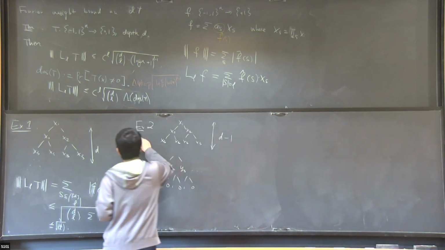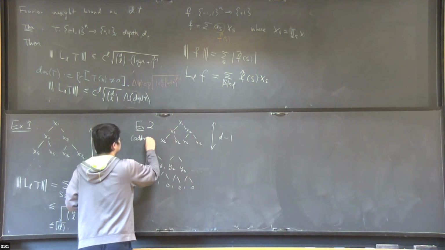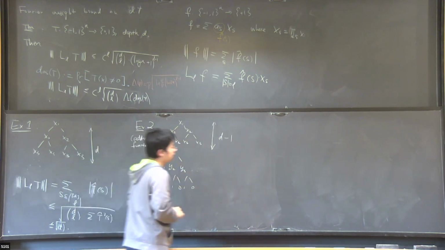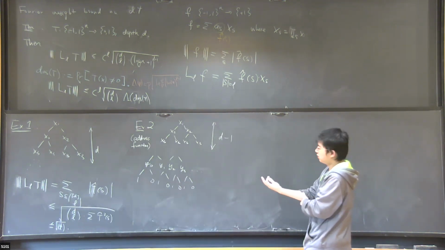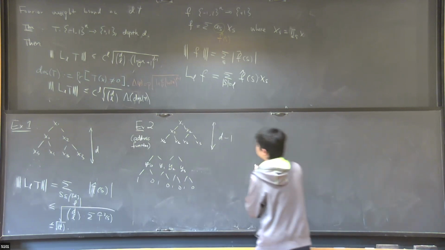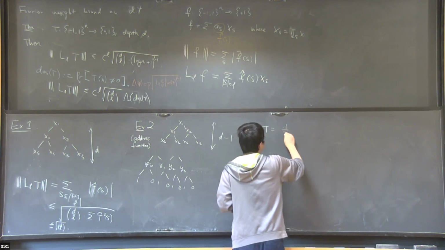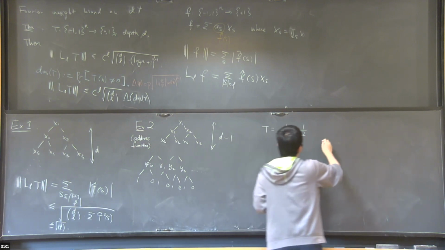Maybe I'll write it down. And then we can write down its formula explicitly. This is an easy enough example. So for this tree, let me just write it, because we are using the -1, 1 representation.